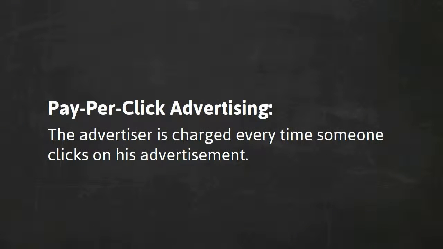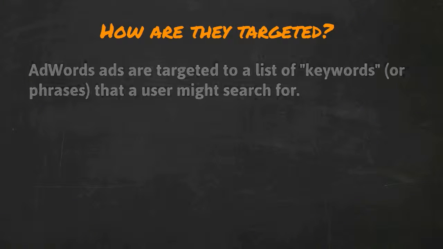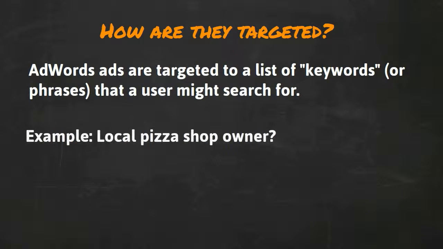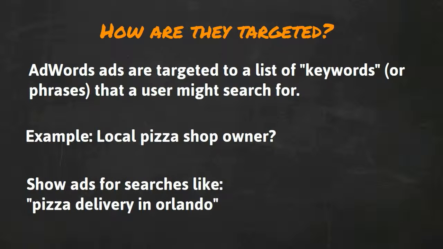This is what we mean when we say pay-per-click advertising. The ads are targeted to a list of search terms that people might use. So if you're a local pizza shop owner, you could have your ad show up when someone searches for pizza delivery in Orlando. For attorneys, of course, this is an exceedingly effective means of advertising.